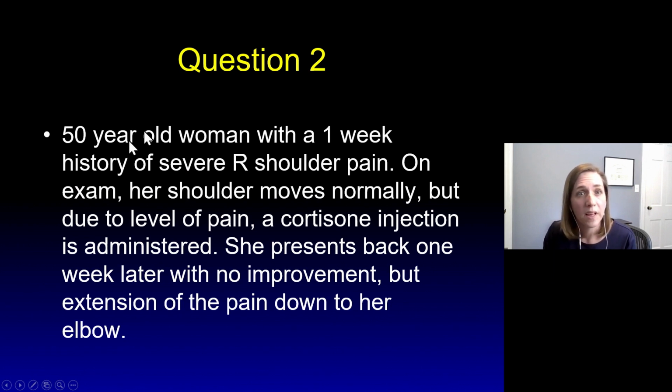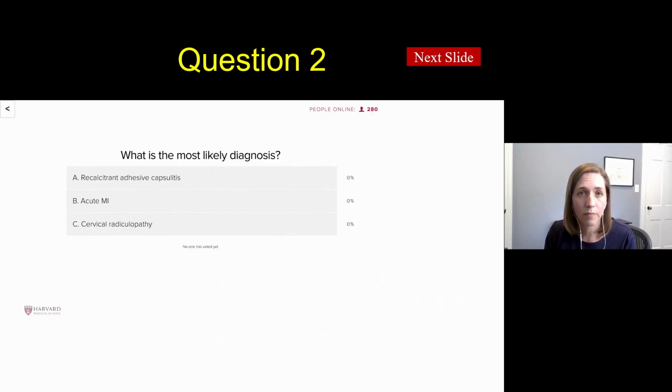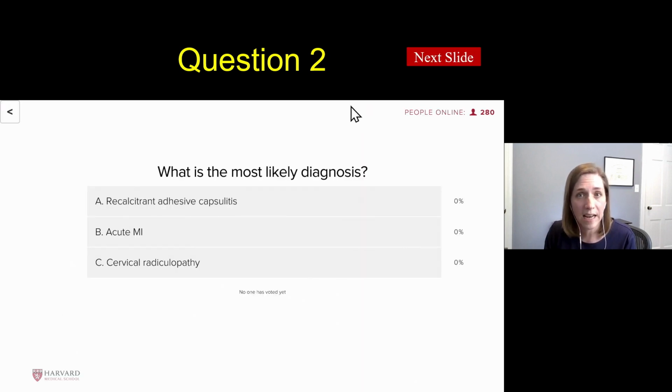Question 2. A 50-year-old woman with a 1-week history of severe right shoulder pain. On exam, her shoulder moves normally, but due to the level of pain, a cortisone injection is administered. She comes back 1 week later with no improvement, but extension of pain down to her elbow. What is the most likely diagnosis?